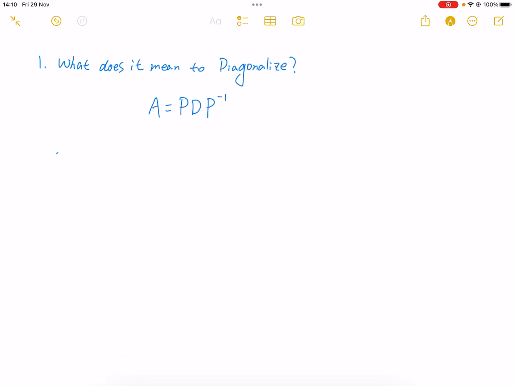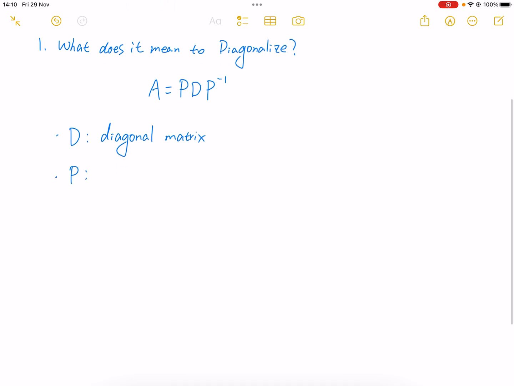Now here, D is a diagonal matrix. P is an invertible matrix whose columns are the eigenvectors of A.